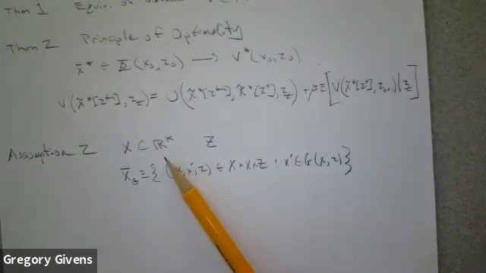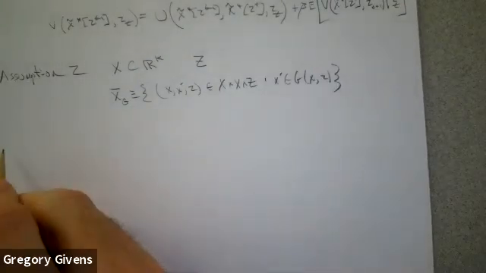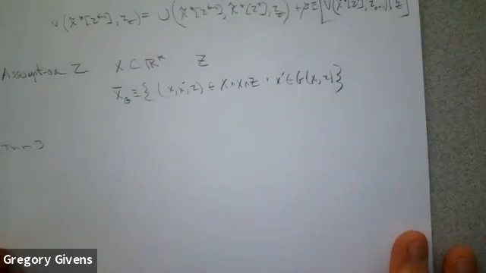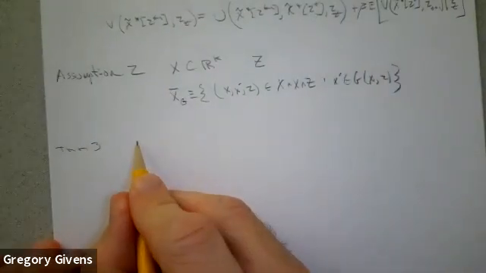X is compact, Z is compact by assumption. Therefore, the state space X product Z is also going to be compact. This was enough to establish Theorem 3, I believe, which we called existence of solutions.